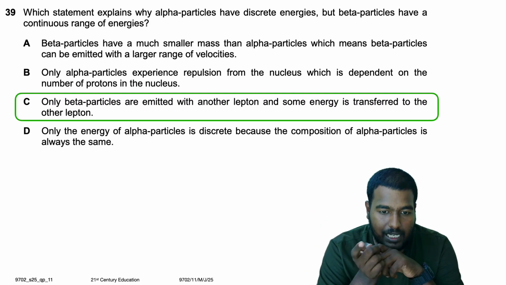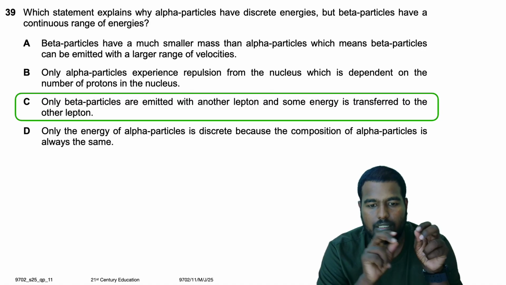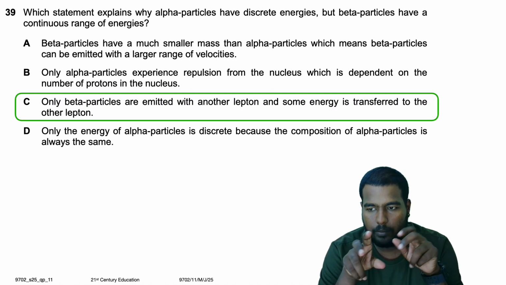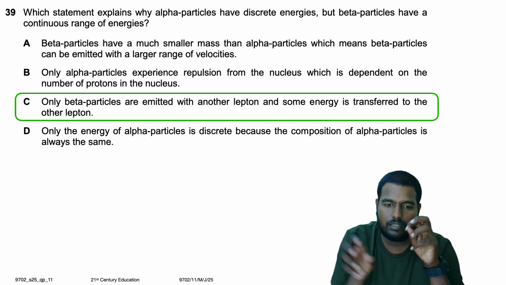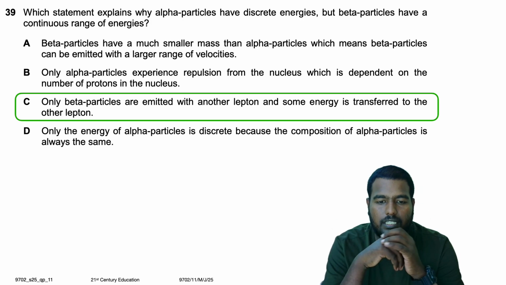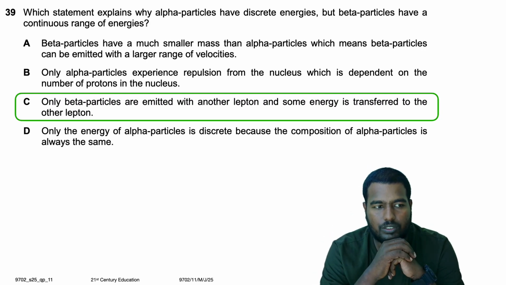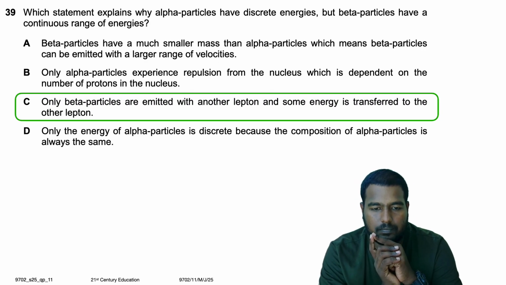But when a beta particle is emitted, the energy is shared among the parent nucleus, the beta particle and the neutrino. So it's a three-body process. The energy is distributed among these three, so you will get continuous, different energies. But for alpha, only the alpha particle and the resultant nucleus. So that's why alpha particles have discrete energies and beta particles have continuous energy.